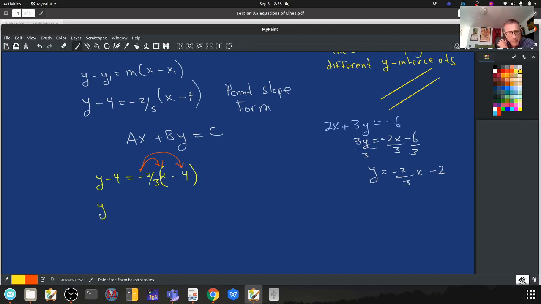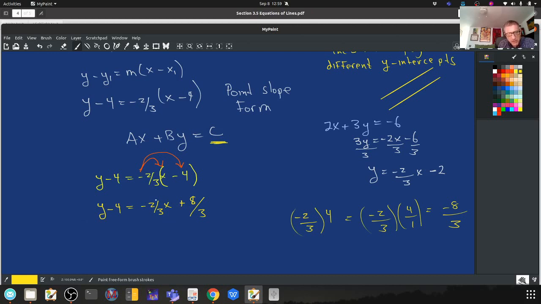This is going to give me y minus 4 is equal to minus 2/3 x plus 8/3, since minus 2/3 times minus 4 over 1, you just multiply numerators and denominators. Now all I have to do is move the constant terms to one side and the x terms to the other.